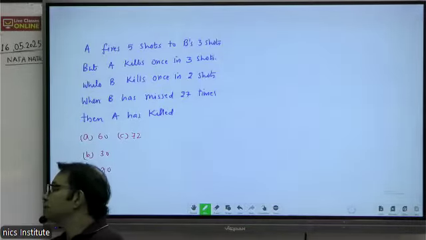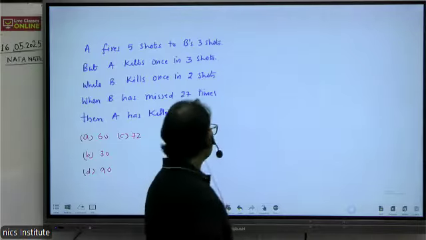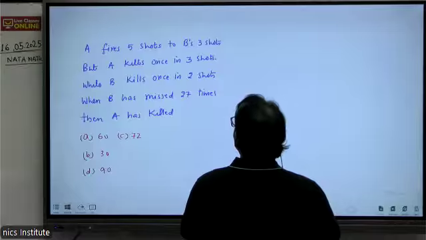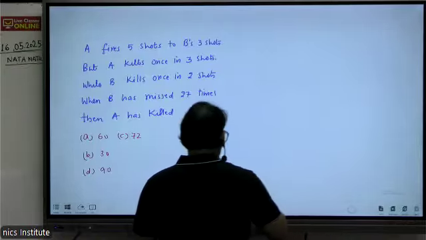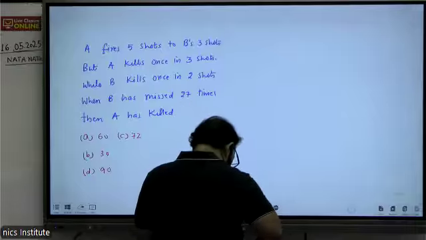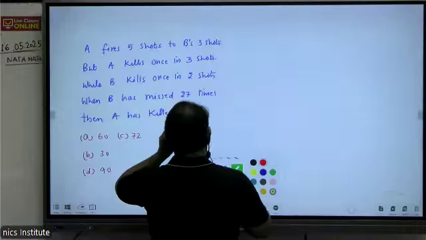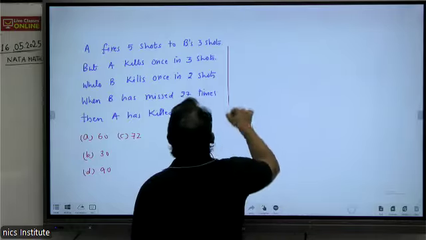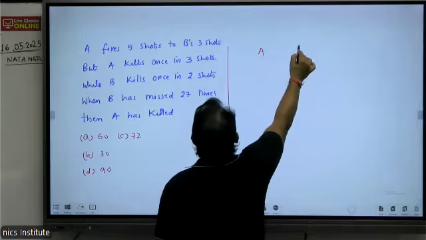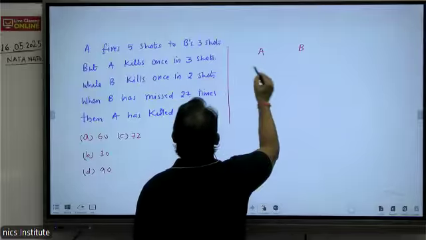Option B. According to the question, if A fires 5 shots, B will fire 3.